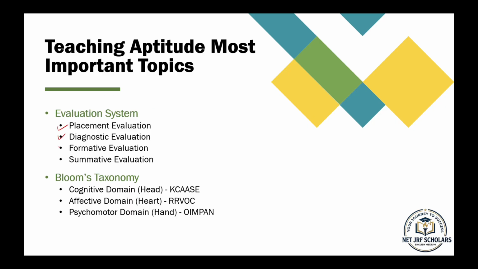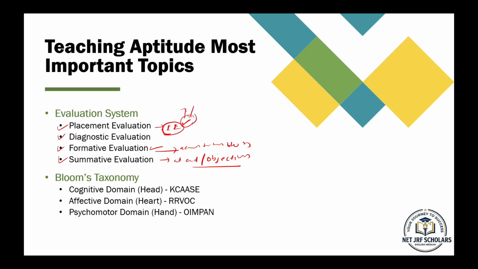Okay, there are four evaluation systems. We know formative, that is to assess the knowledge during the course, and summative at the end of the course, to know whether objectives are achieved or not. Okay, we know what is placement. It is like an entrance examination. So what is the current knowledge?